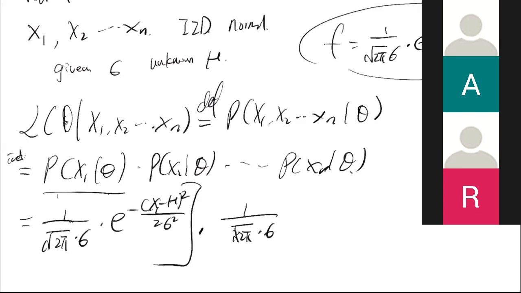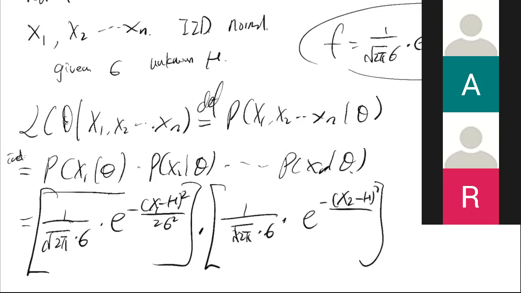So this is the first part, and then the second part is e to the negative x2 minus mu squared over 2 sigma squared, and so on for a lot of steps.